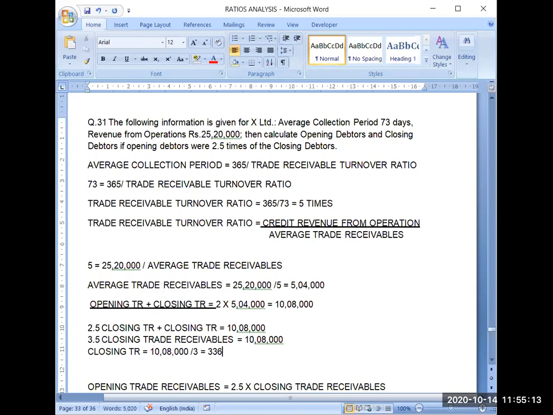And 3 zeros will be there. So your closing trade receivables will be 3,36,000. Sorry, it will be 3.5, not 3.